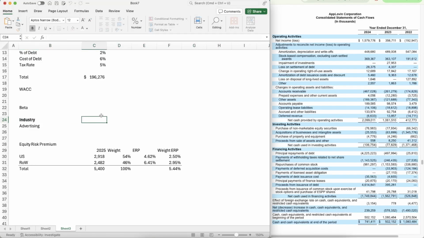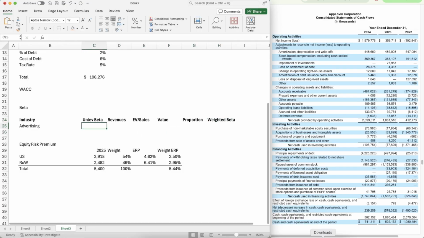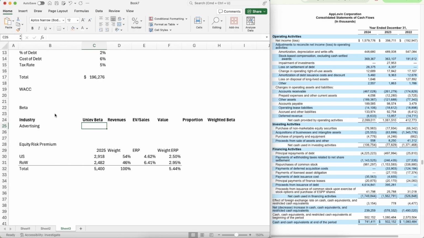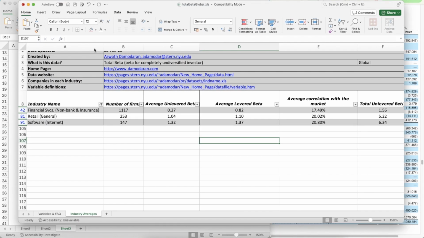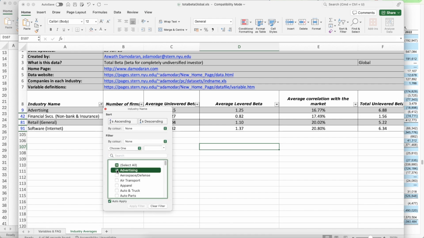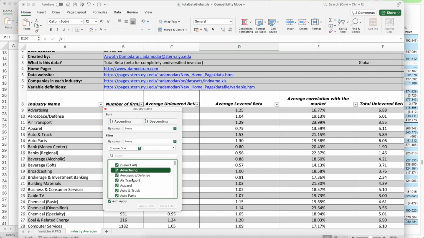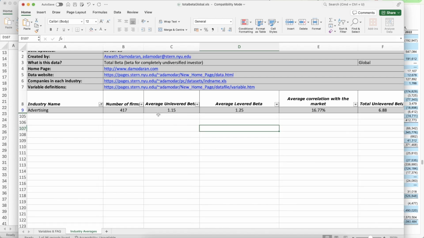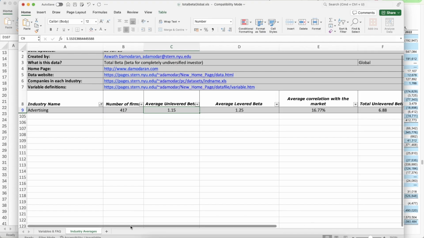So what we want is the unlevered beta, the revenue, the EV to sales, the value, proportion, then we want the weighted beta. Let's come to this spreadsheet. We want advertising, actually clear. The average, not the average unlevered. Is that what I want? Yeah, so 1.15.